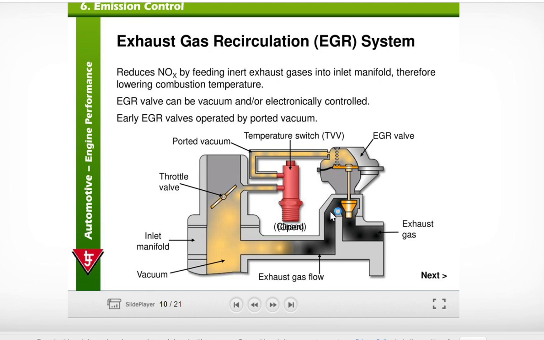And you can see the black exhaust gases, and as they mix with the passing airstream, they dilute the gases and therefore lower the combustion temperatures.